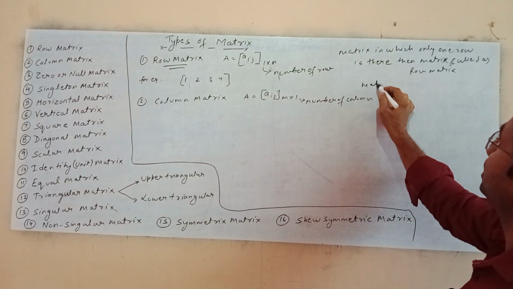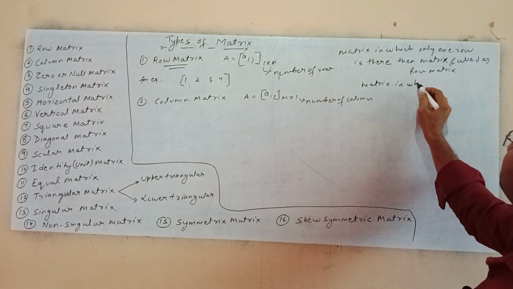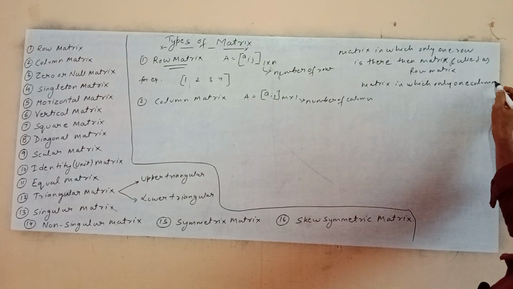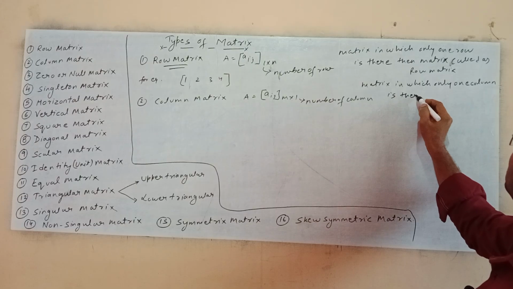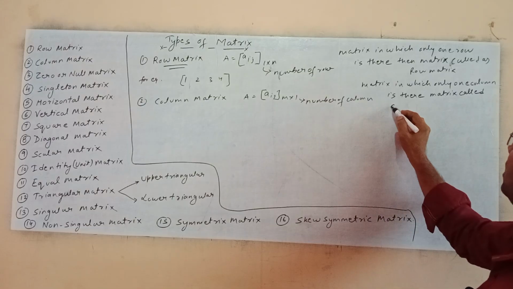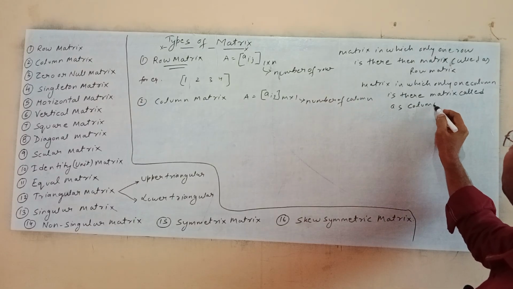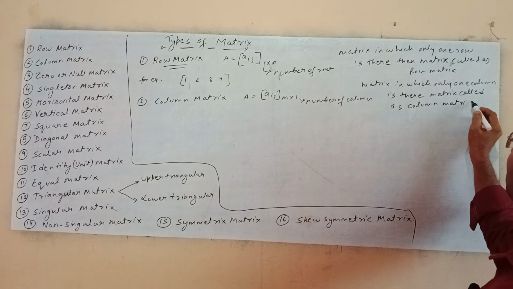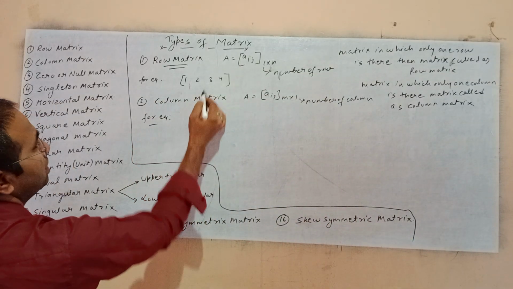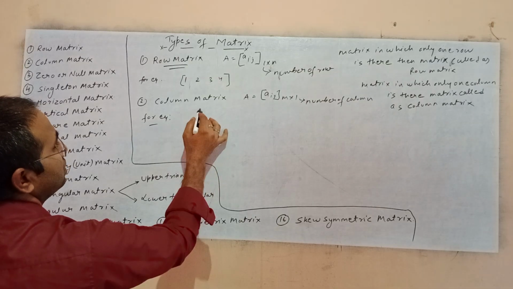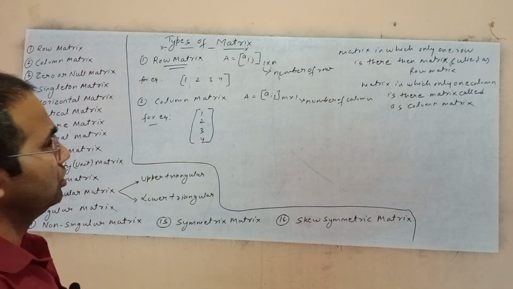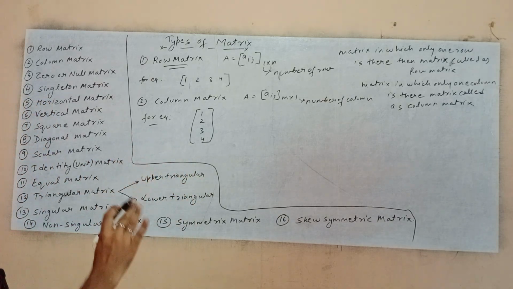It is defined as a matrix in which only one column is there, called a column matrix. For example, if we write the elements in a column 1 2 3 4 and so on, see here only one column is there and there are different rows. So the number of rows may be different but the column will be only one.